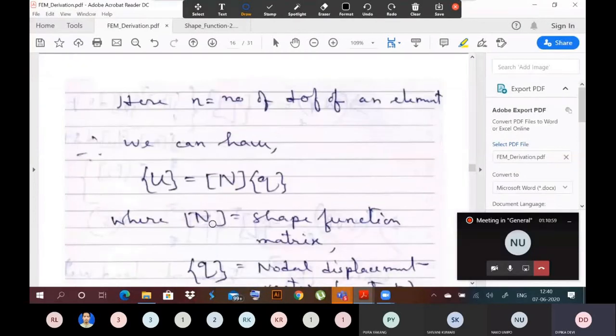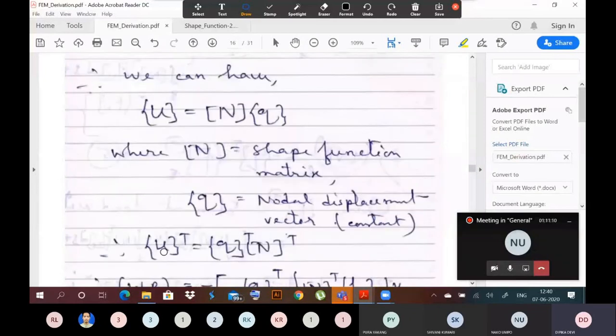So if you replace the value of U transpose in the expression of work potential, what will we get? Work potential will be equal to minus Q transpose integration N transpose Fb dV. I have taken out this Q transpose outside this integration because Q is a constant term. They are not varying within the element. They are the displacement at the nodes. So they are constant with respect to that particular element.